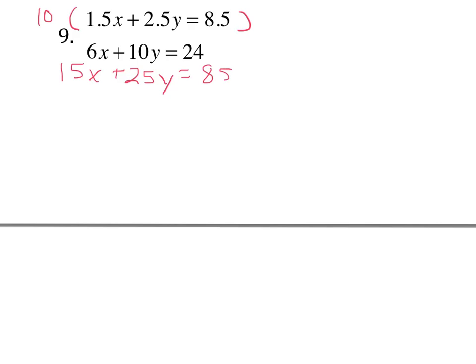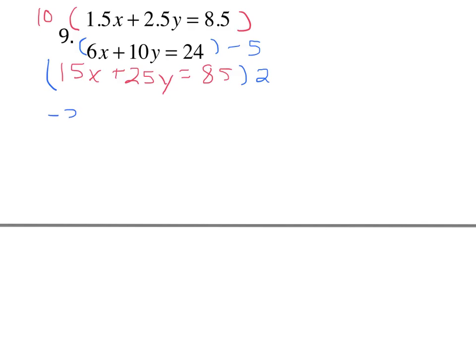That might be a little bit difficult to do. So I'm going to multiply the top equation by 5 and the bottom equation by 2. And that will help me eliminate the y's. So let's multiply this by a negative 5 and the bottom equation by a positive 2.